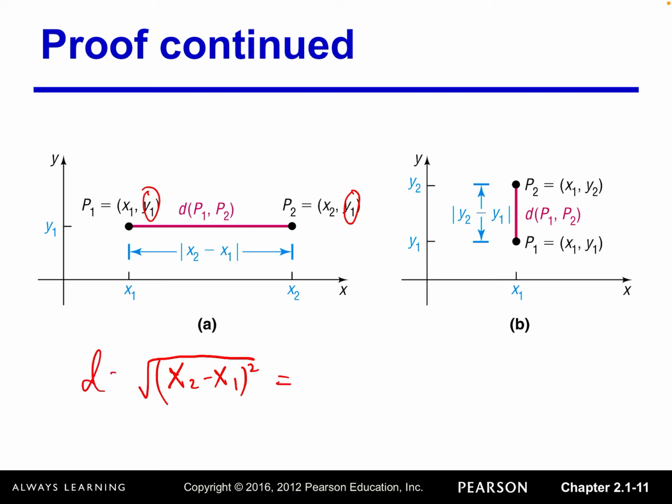After simplifying, that is just the absolute value of the difference of the 2 points' x coordinates. Similarly for a vertical line segment, the distance is just the absolute value of the difference between the 2 points' y coordinates.